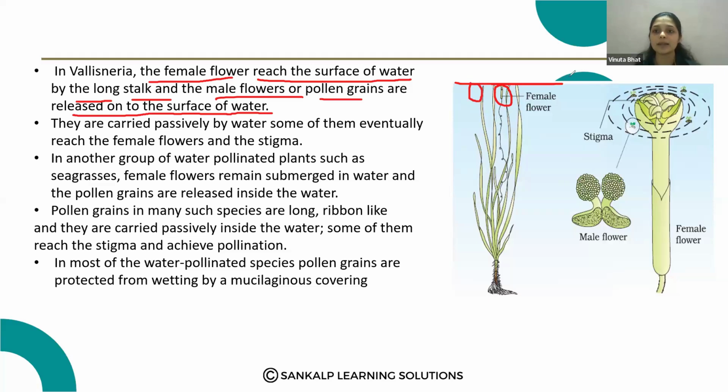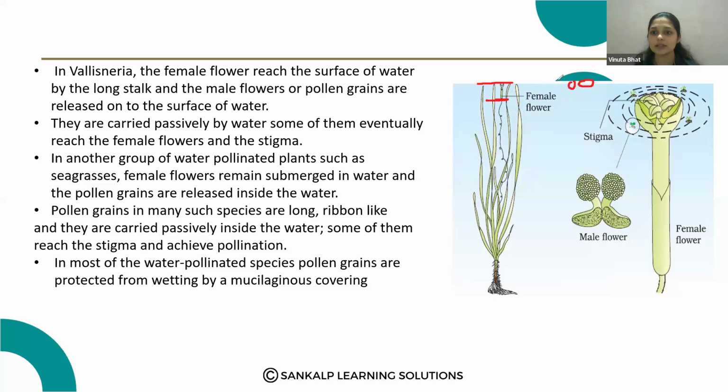Then the male gametophyte, that is pollen grains, they are released at the surface of the water. Okay. Just imagine this is the Vallisneria flower. So that is reaching the surface of the water, and the male flowers or the pollen grains are released on the surface of the water.